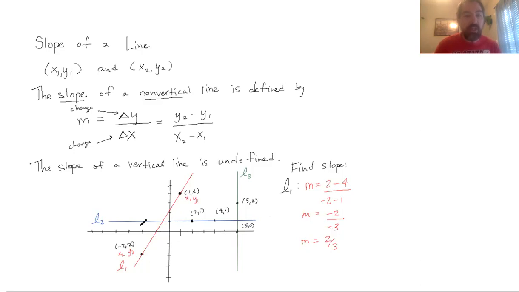In other words, if we're reading this graph from left to right, as we go from left to right, the y value is increasing, going up. If the slope were negative, the opposite would be true. As we read the graph from left to right, we would expect the y value to decrease, to go down.